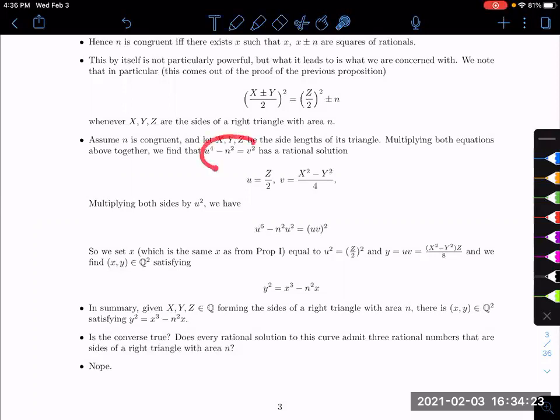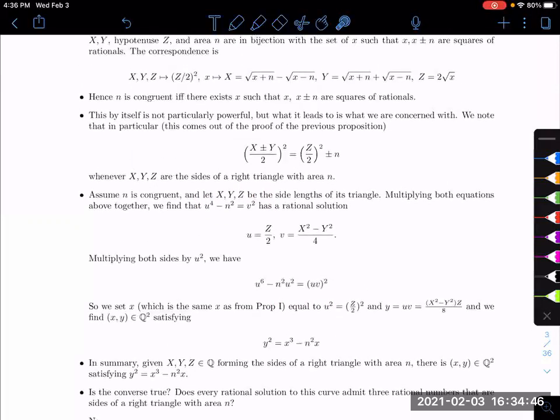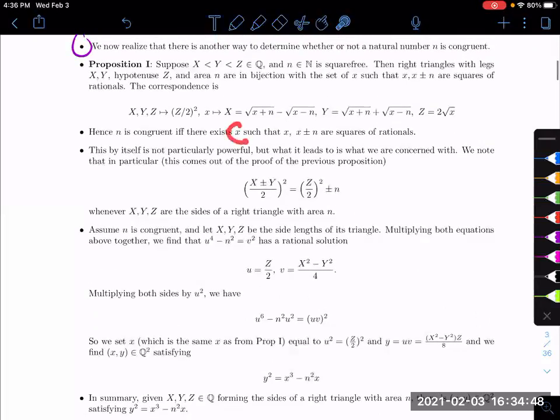So this equation has a rational solution, u comma v. Now take this equation and multiply both sides by u squared. What you get is u to the 6th minus n squared u squared equals uv all squared. Now, n is congruent, so from proposition 1, there's a number x such that x and x plus or minus n are all squares of rationals.